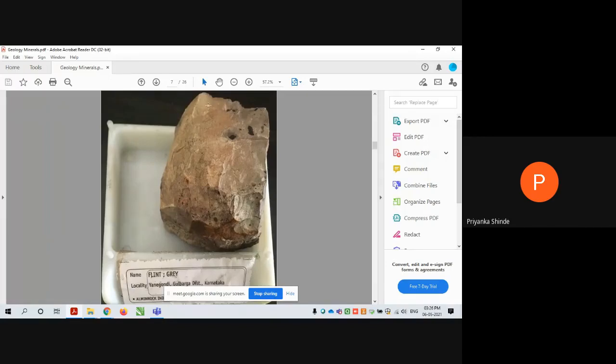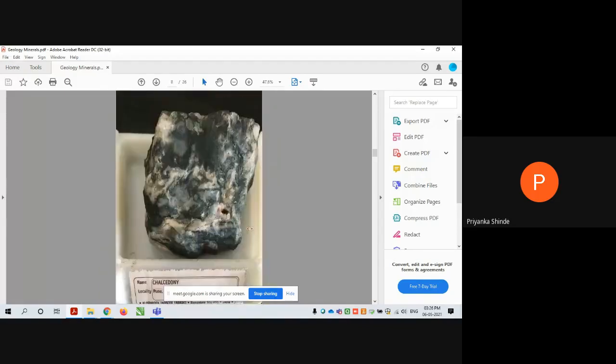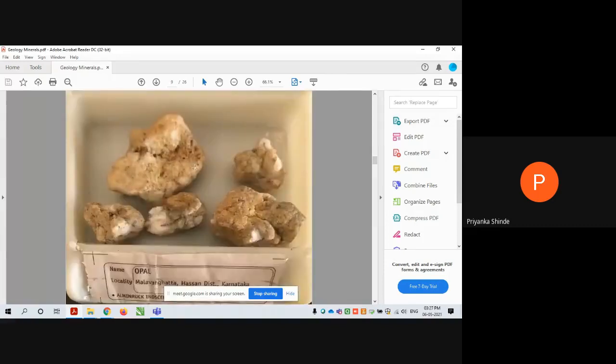Early man living in caves used this for hunting, for killing animals. Then one more is chalcedony, which is green in color. Then opal. All these are varieties of quartz.